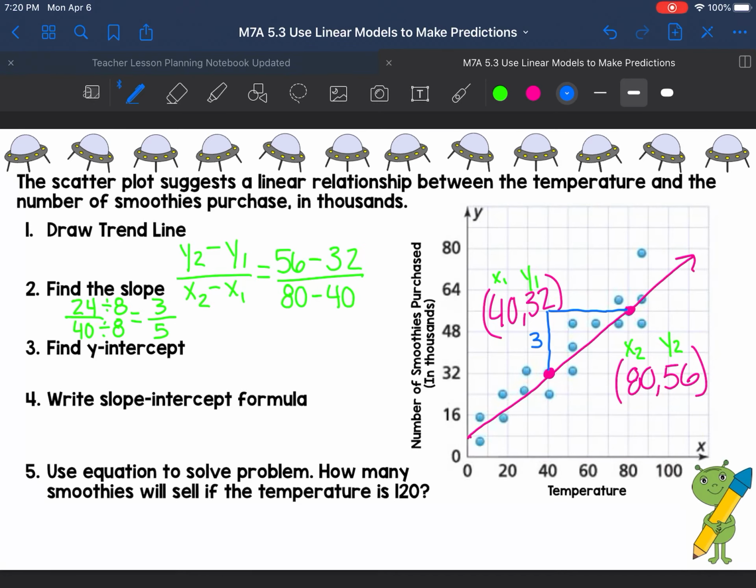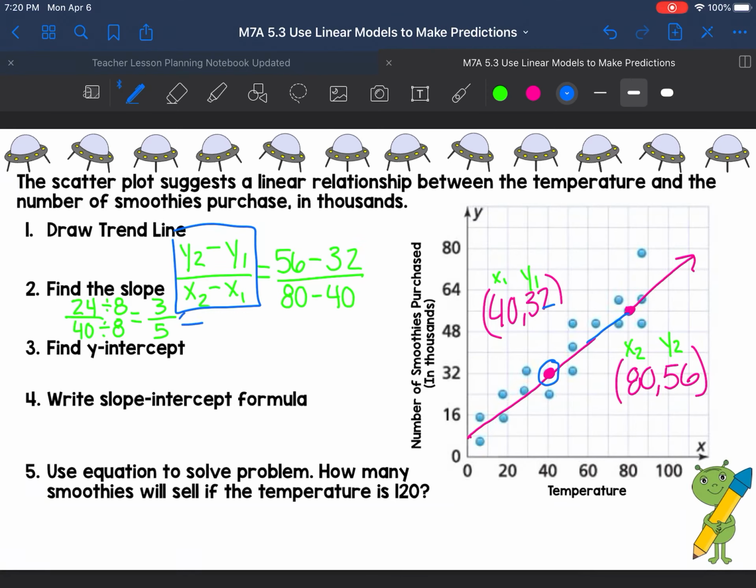Doing this rise over run formula is making sure that we get the right answer. Sometimes rise over run isn't going to work, and in this case, it doesn't work because, remember, this dot right here, this (40, 32), isn't perfectly on my line. So therefore, I'm not going to be able to use rise over run. I have to use my formula.